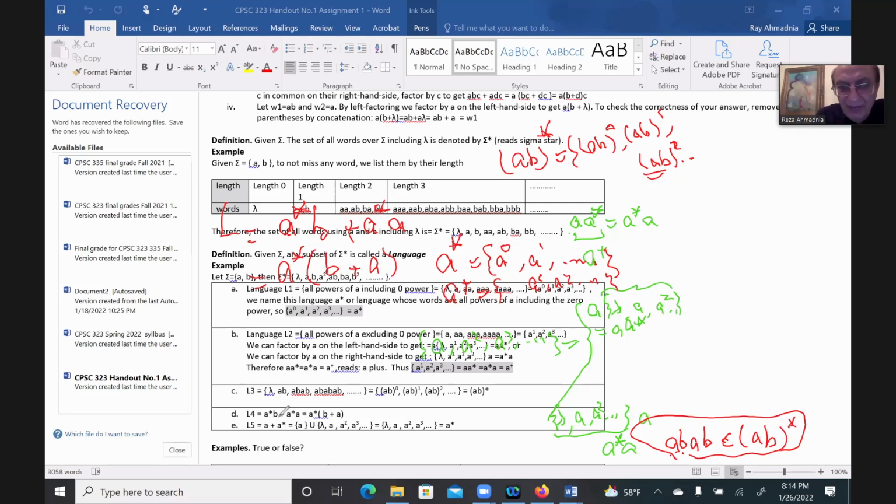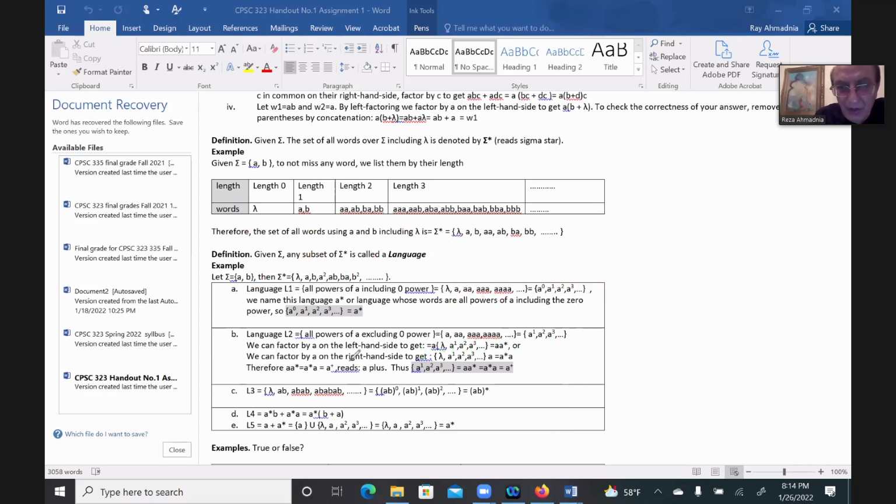Okay, for example, what is L equal to A or A star? This one means the union of these two. So in this set you have A, union. What do you have in this one? You have lambda, you have A squared, and so on. Back to discrete math: what is the union of these two?